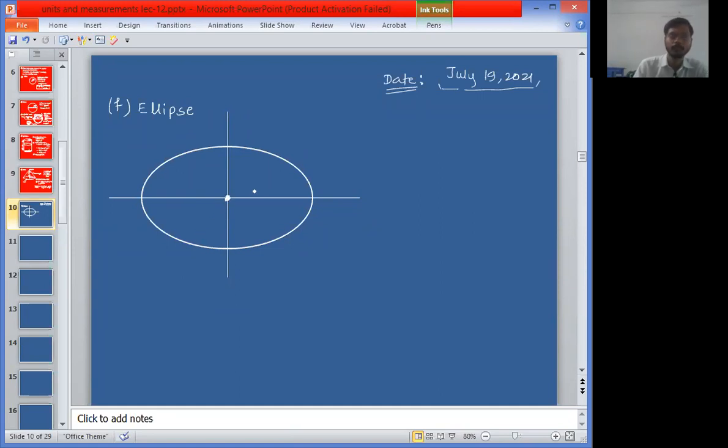Now this is called the major axis because it is larger in length. Just keep on writing. Initially just keep on writing, then I will ask you to send me the doubts. This is a larger line which is called the major axis. This is a smaller line, the smaller axis, called the minor axis.